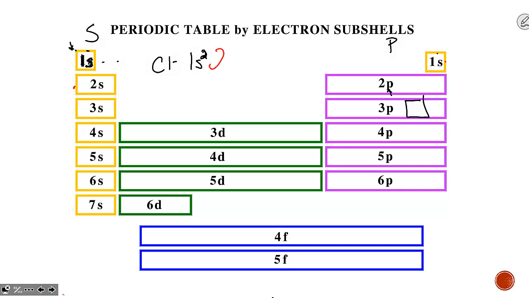So now I'm in the second row of the periodic table because the electrons of chlorine would fill the second energy level. The first ones that come in will go into an s orbital. 2 electrons would be needed to fill that orbital.